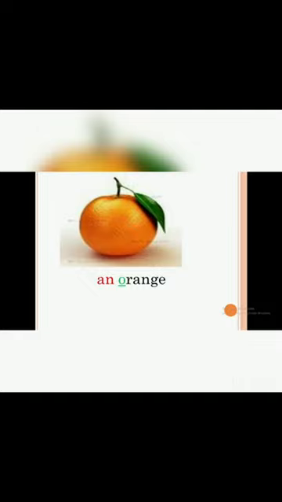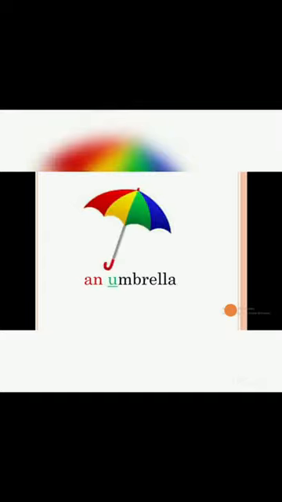Next example. An orange. The word orange starts with the vowel letter O and it produces a vowel sound. So we use an before it. Next example. An umbrella.